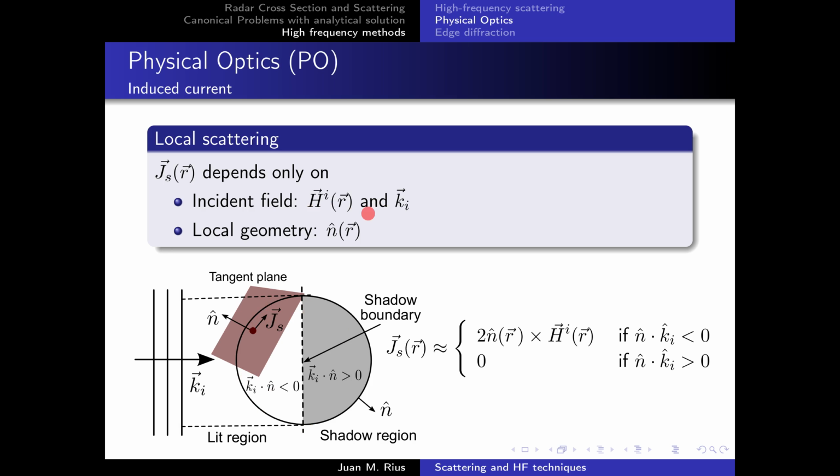So it depends on the incident field, but also on the local geometry, because here the local geometry is summarized with the unit normal to the surface at that point R. The unit normal can be different at different points in the surface.